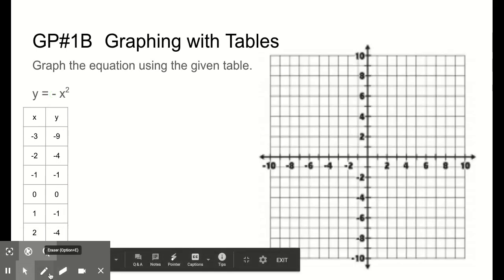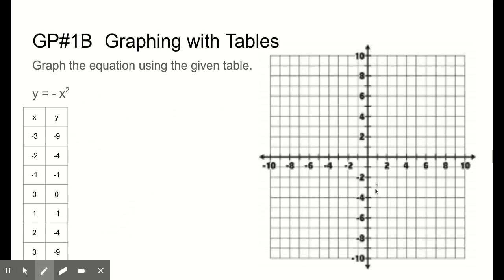So if we take the values that we found in the previous step, we now have points at -3, -9, -2, -4, -1, -1, 0, 0, +1, -1, +2, -4, and +3, -9.